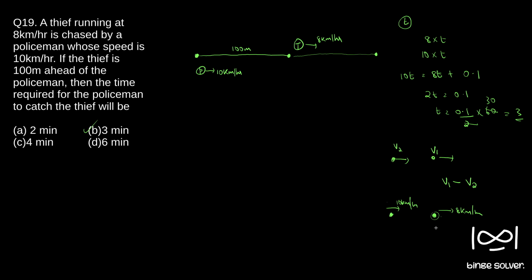After 1 hour the thief ran 8 kilometers, and the policeman ran 10 kilometers from here. If you subtract this 8 kilometers, he will see he is just 2 kilometers closer after 1 hour. That is the difference of their speeds.